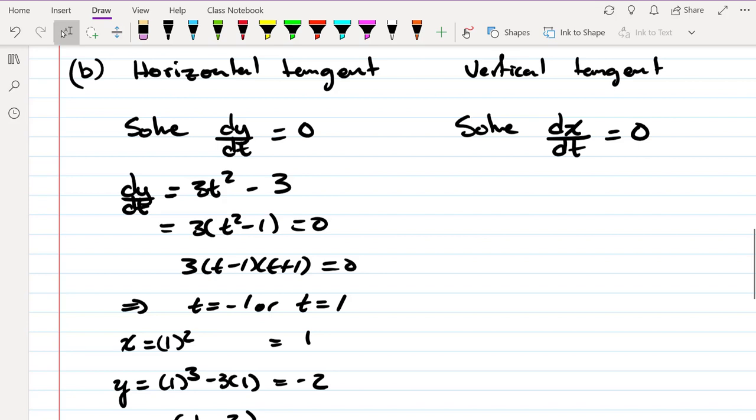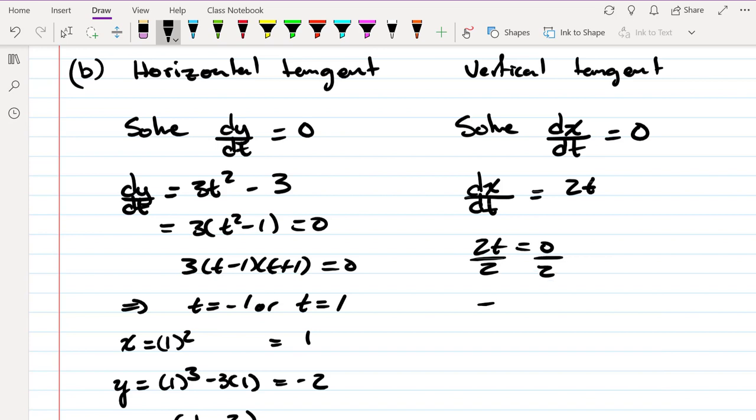So now going back to find our vertical tangent, we set dx/dt equal to 0. So dx/dt is going to equal, well, the derivative of t squared is 2t, and we set it equal to 0, giving us that t is equal to 0.